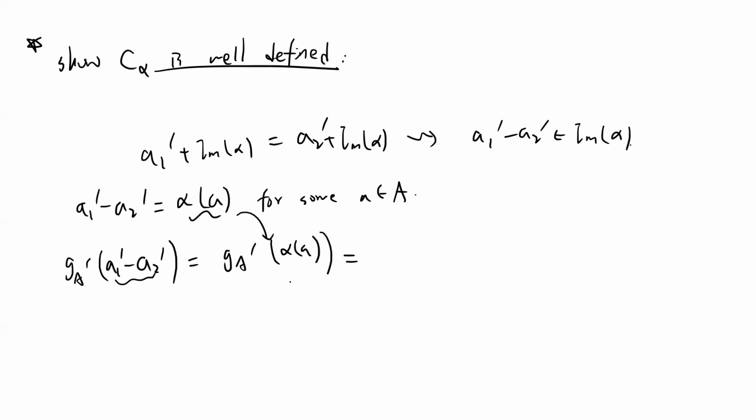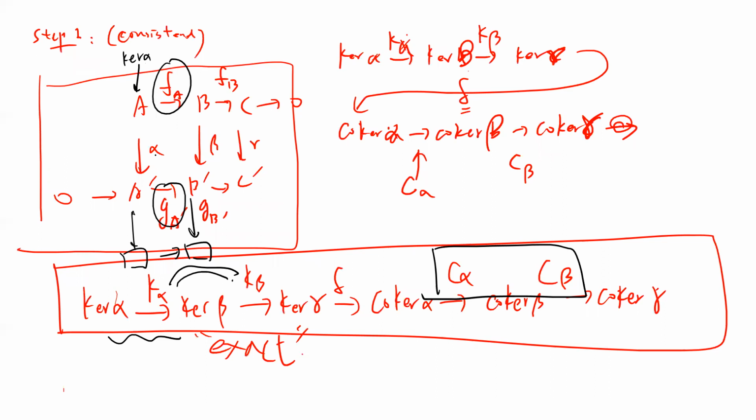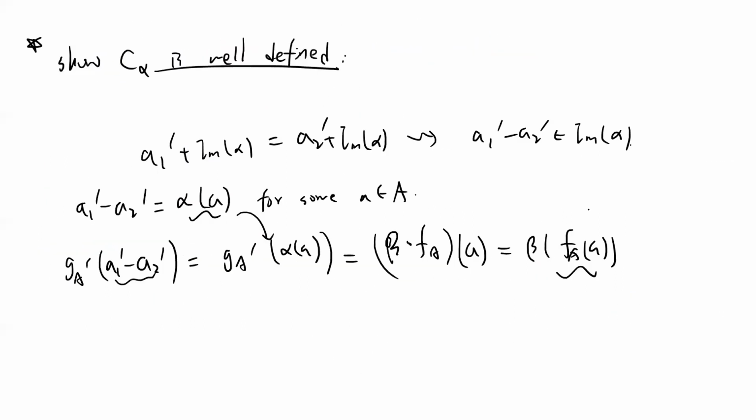And then it's just commutative, so you get beta F A A, right? So which is beta F A A. This F A is what? F A is you send it here, right? So it's in the image of beta, so this guy is image beta, right? Which means that their difference is 0 in co-kernel beta. Okay, so same reason, as an exercise, to show C beta is well defined.